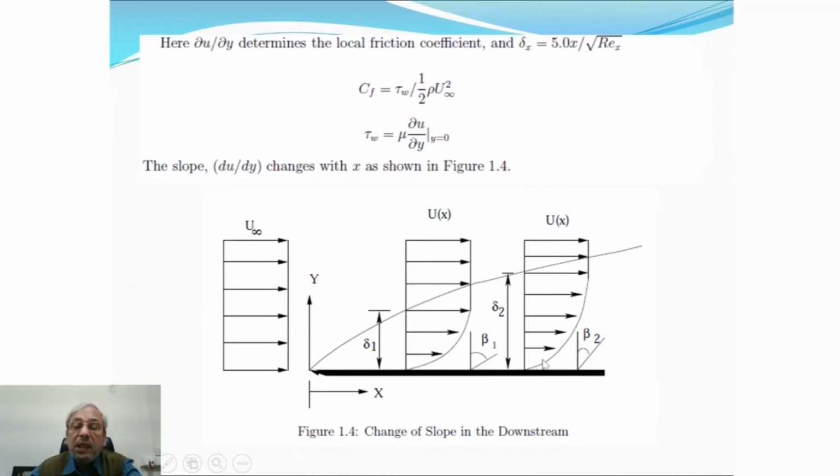So basically this shows how shear stress may vary because of change in gradient along the wall, or due to change in boundary layer thickness, how the gradient and shear stress can vary along the length.